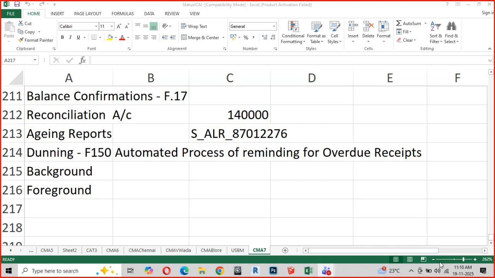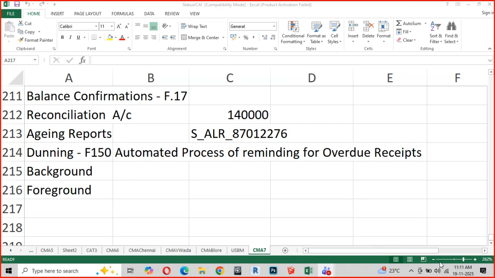Today, once I finish with this AR, we go into the dunning process. Yesterday we saw the letters getting generated, so we understood what dunning is: an automated process of sending reminders to the customers who are due for payment.